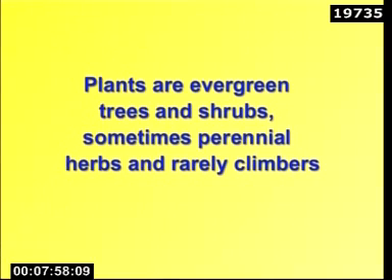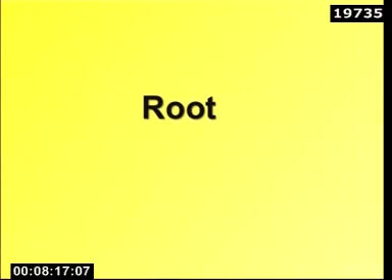Plants in family Rutaceae are mostly evergreen trees and shrubs, sometimes perennial herbs, rarely climbers. These plants are sometimes armed, often aromatic with volatile oils. Next is the root.